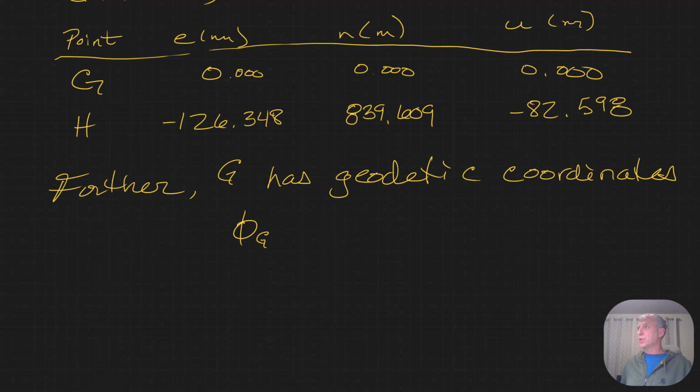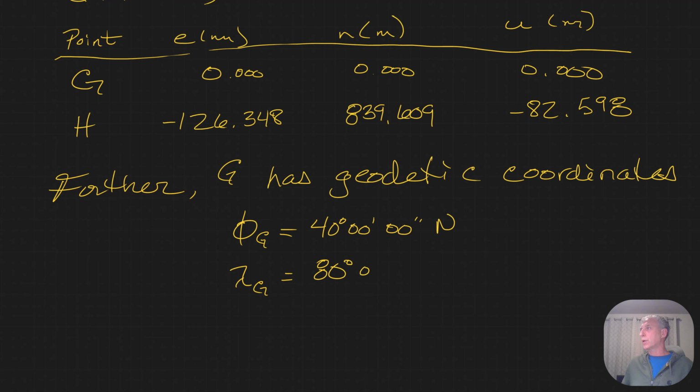Phi of G is 40 degrees north, and lambda of G is equal to 80 degrees west longitude, but we're going to want to convert that to an east longitude and then to radians, of course.